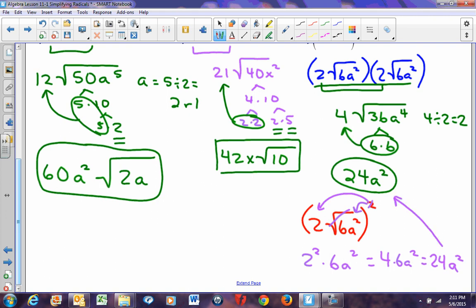It doesn't matter which way you do it, as long as you do it correctly, you should arrive at the correct answer. So this is simplifying and multiplying radicals. We'll get into dividing radicals in the second half of this lesson.